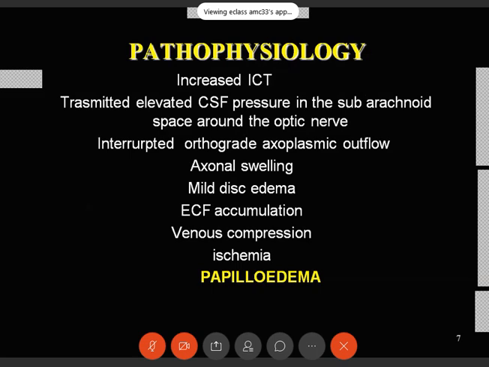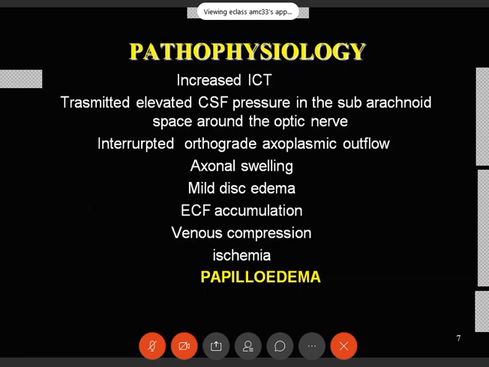Pathophysiology: raised intracranial tension transmits elevated CSF pressure to the subarachnoid space around the optic nerve. The optic nerve is surrounded by subarachnoid space and dural sheaths, which are also elevated. This increased pressure disrupts the orthograde axoplasmic flow of the nerves.